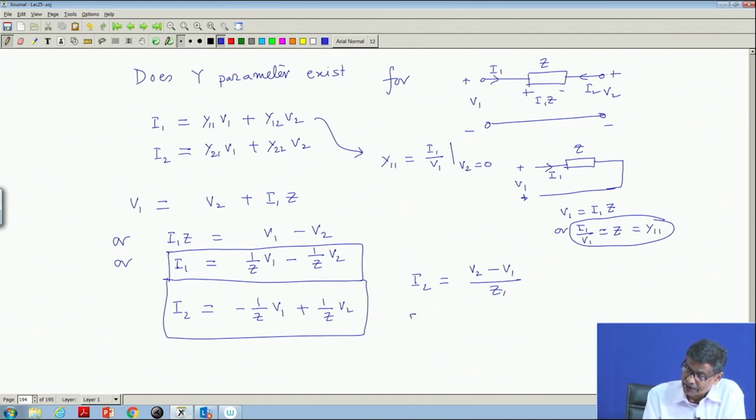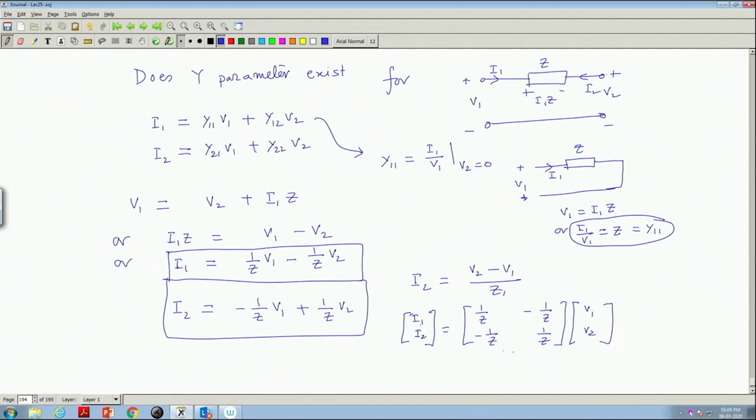And so, the Y matrix from this looks like 1 by Z, minus 1 by Z, that is y12, and this is minus 1 by Z once again, and this is 1 by Z. So, this equation can be written as I1, I2 is equal to this matrix into V1, V2.